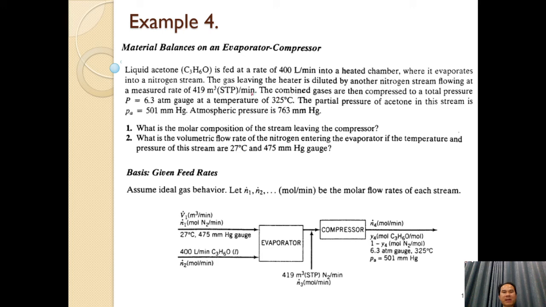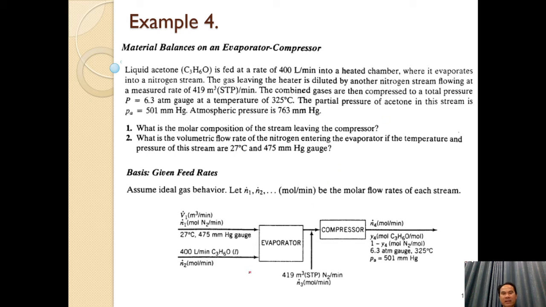For this case, we have liquid acetone fed at a rate of 400 liters per minute into a heat chamber, which means an evaporator, where it evaporates into a nitrogen stream. The gas leaving the heater is diluted with another nitrogen stream.